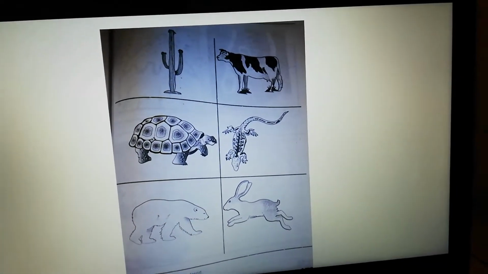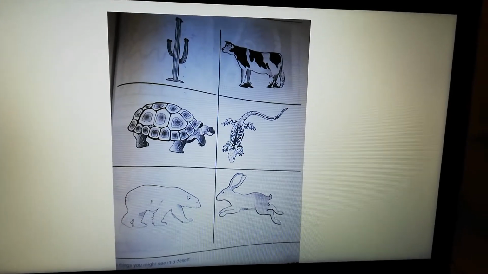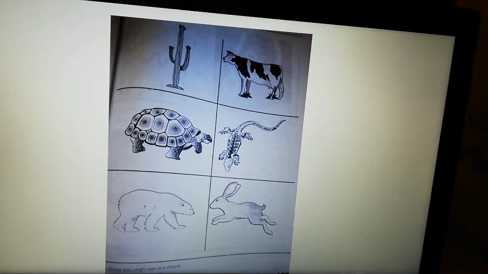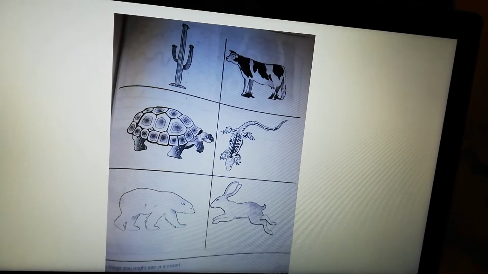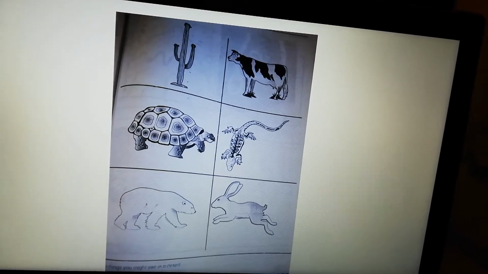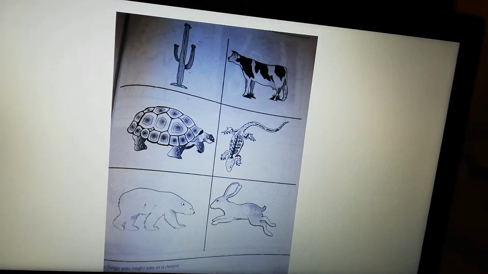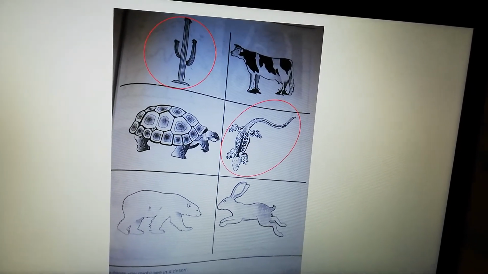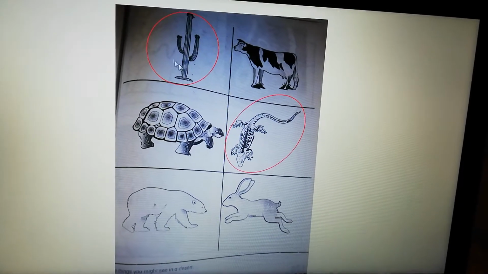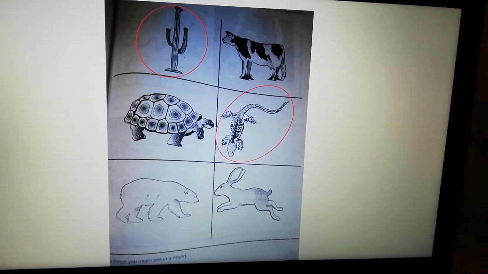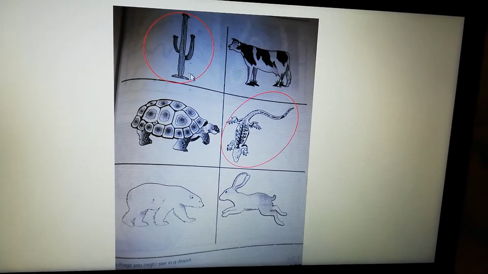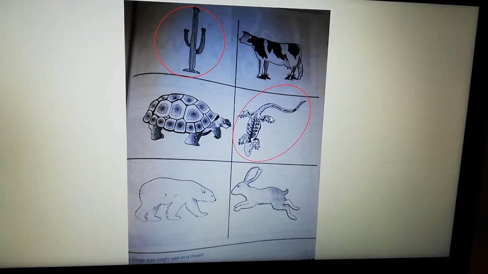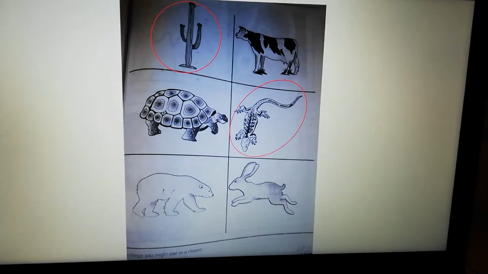So this is also found in your books, page 173, and they are asking you to circle the things that you might see in a desert. So in a desert, you only see the cactus plant and the lizard. So the cactus and the lizard live in the desert.